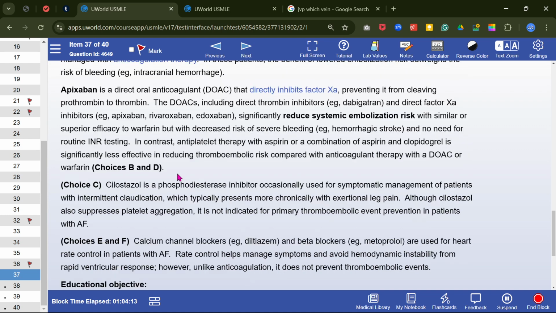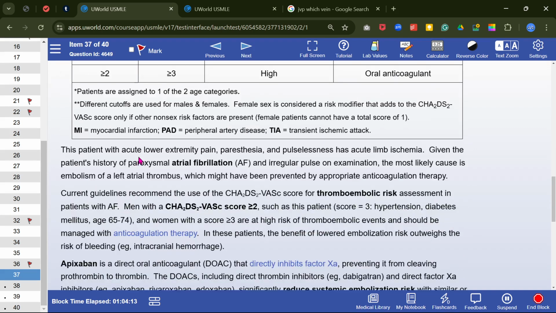Okay. I am reading the explanation now. This patient with acute lower extremity pain, paresthesia, and absent pulses has acute limb ischemia.